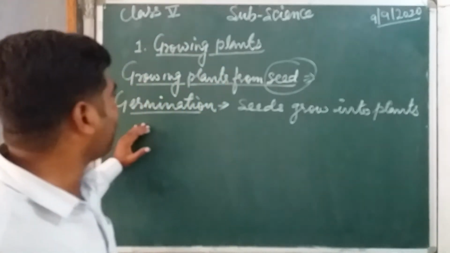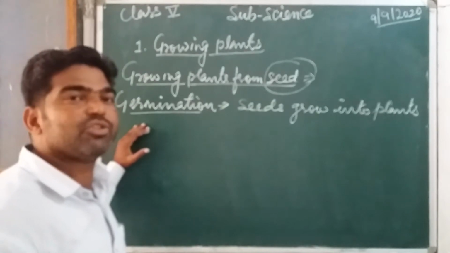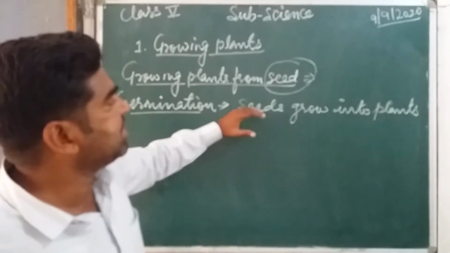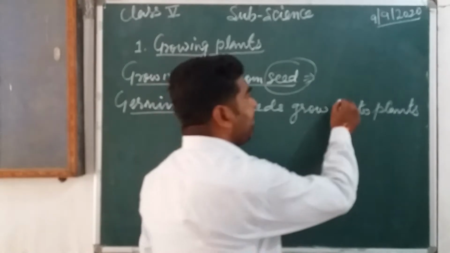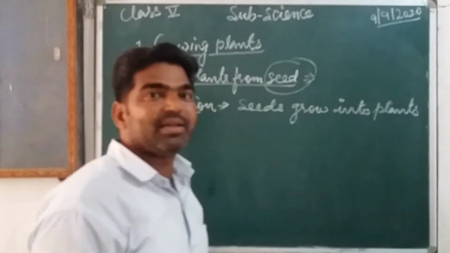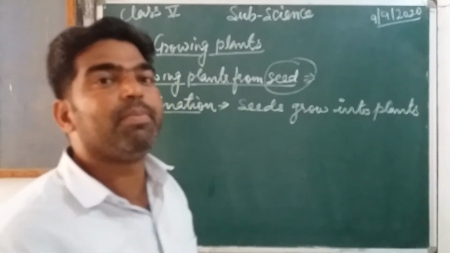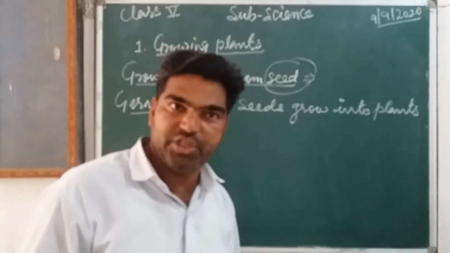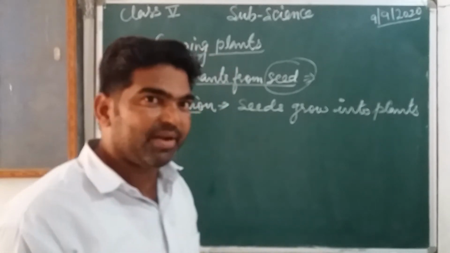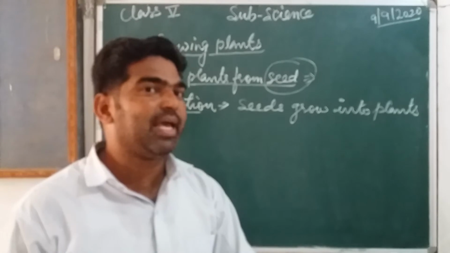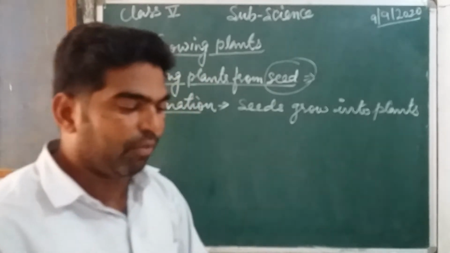So germination means the process of growing, or development, of the seed into a baby plant. And the requirements of germination are what? Sunlight, air and water.